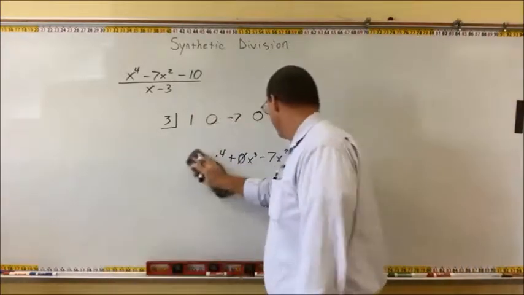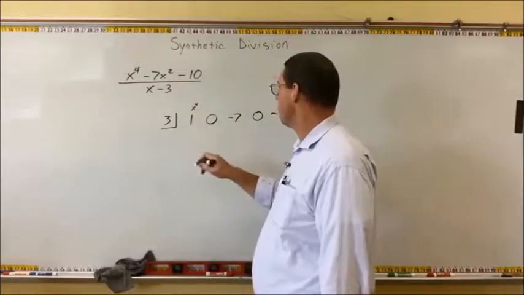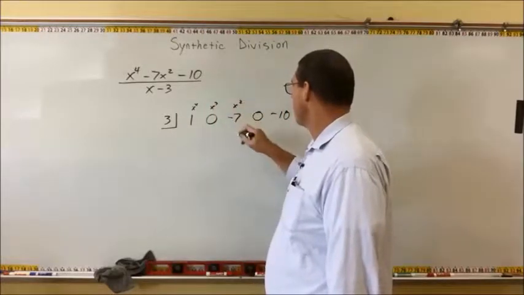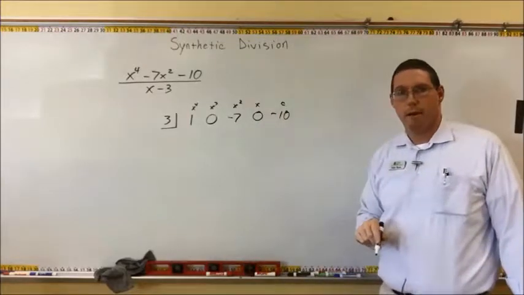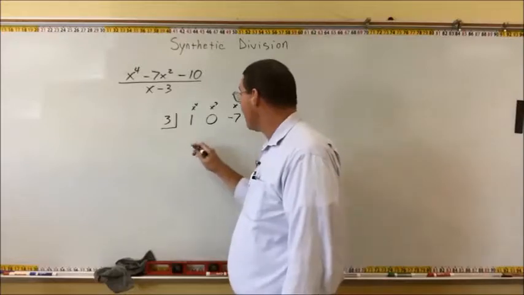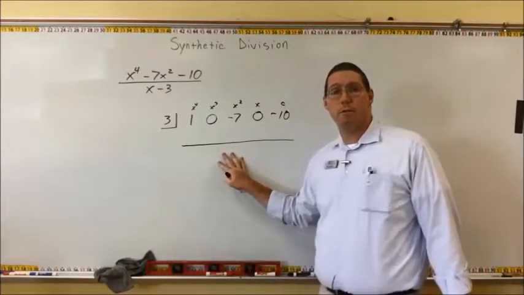Because this is the x to the fourth column, this is the x to the third column, this is the x to the second column, this is the x column, and this is the constant. So now we have to fill in with these zeros. Now, that doesn't mean that when we get our answer, there may not be any zeros in the bottom here.